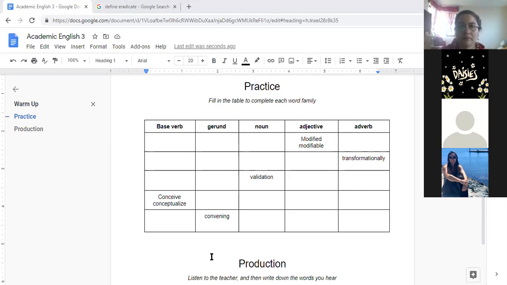So we're talking about prefixes, suffixes, root words, all the various forms of the word. And since you speak French or Spanish or Portuguese, this should actually be pretty easy for you, because almost all of the advanced academic English vocabulary comes from Latin.